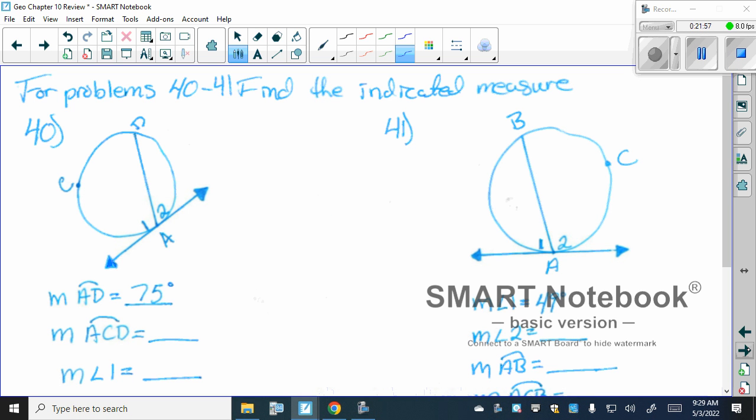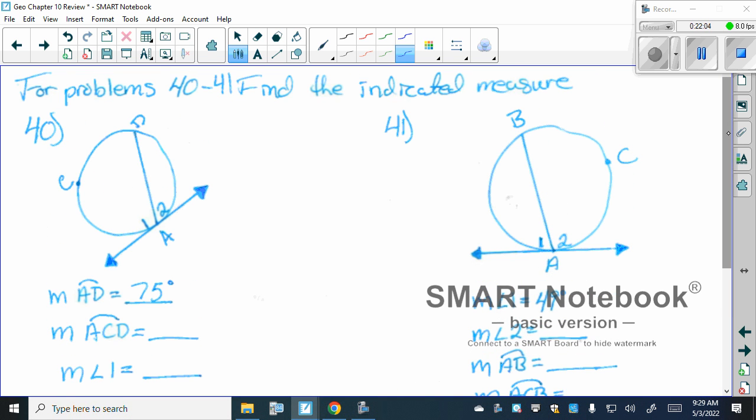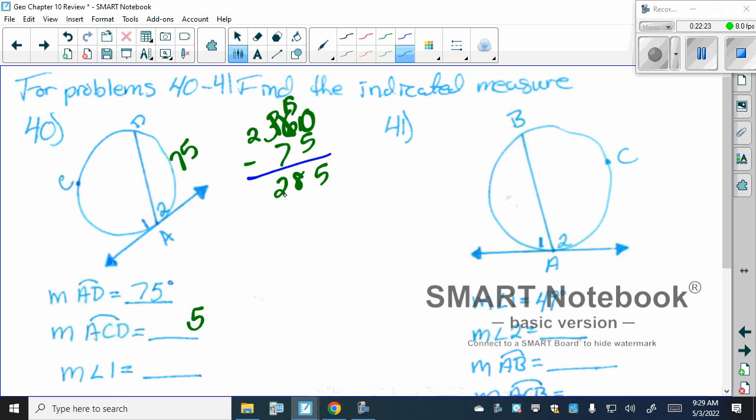Questions on 40 or 41? AD here is 75. So the other arc, these should add together to be 360, which would be 285.